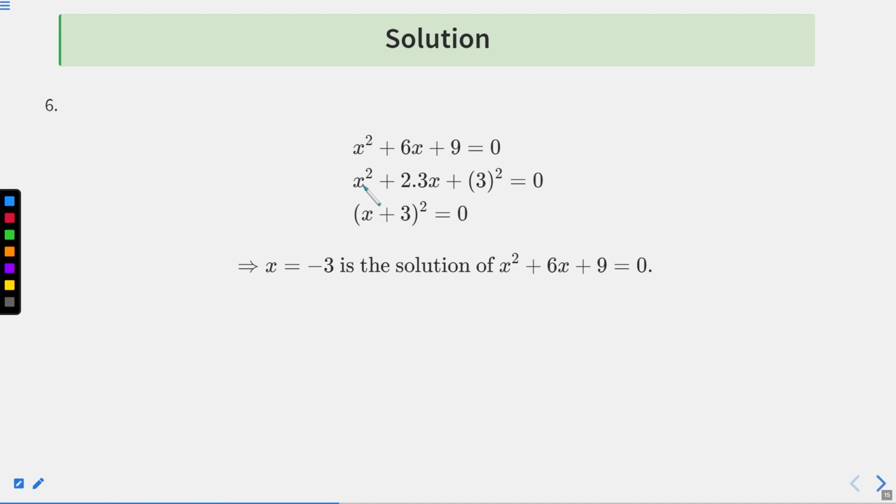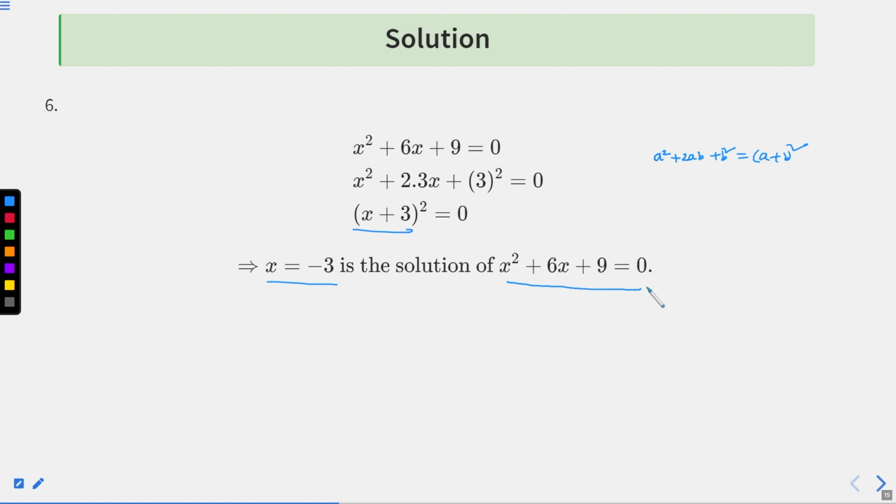This is actually x square plus 2 times 3 times x plus 3 square equal to 0, and this is the formula a square plus 2ab plus b square, which is a plus b whole square. So on the left hand side we get x plus 3 whole square equal to 0.